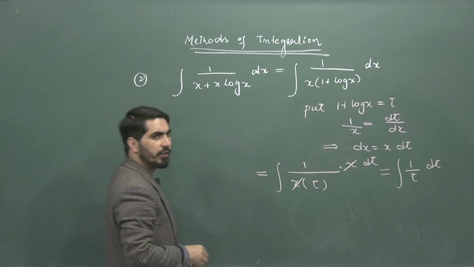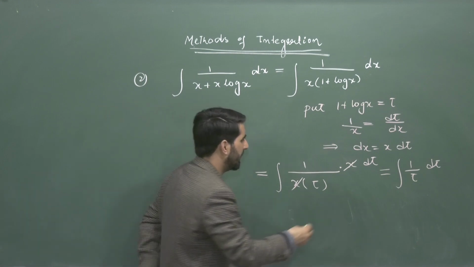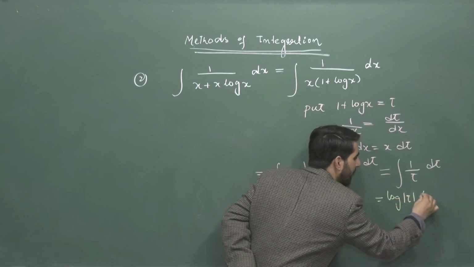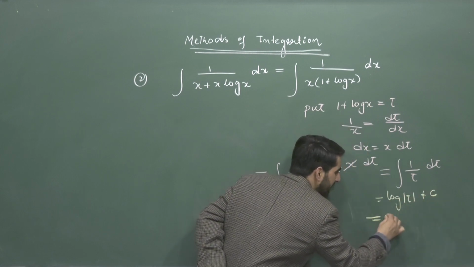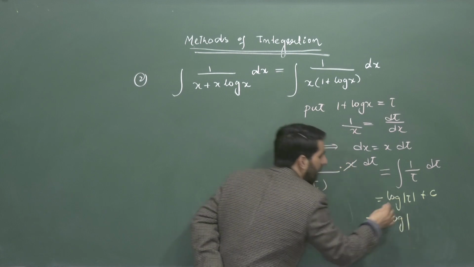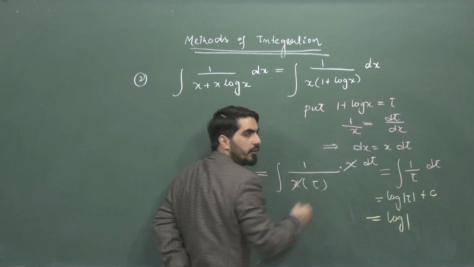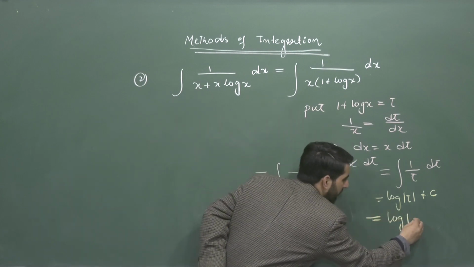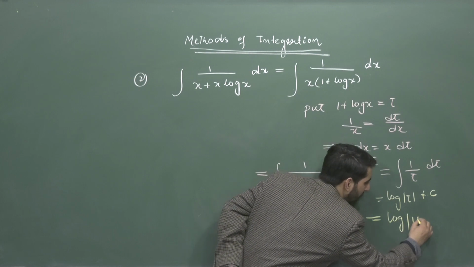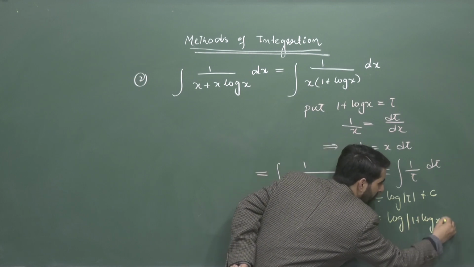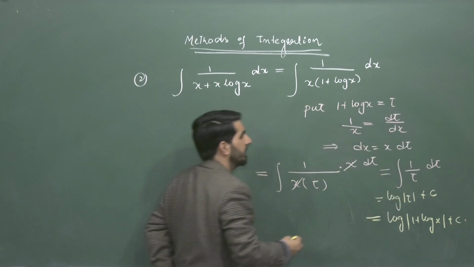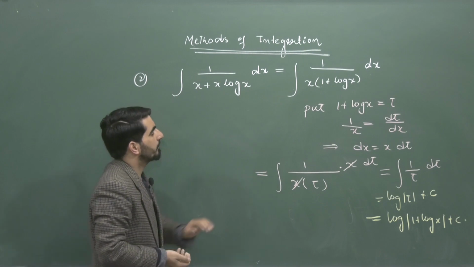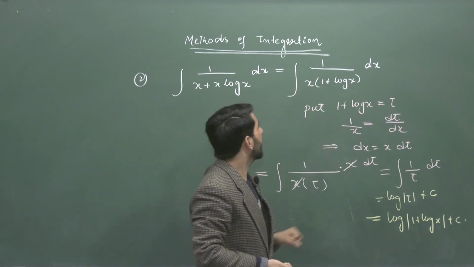Again, integration of 1 by t is log of modulus of t plus c, where t is equal to 1 plus log x. Replacing the value of t, we get log of modulus of 1 plus log x plus c. This is the value of this integral.